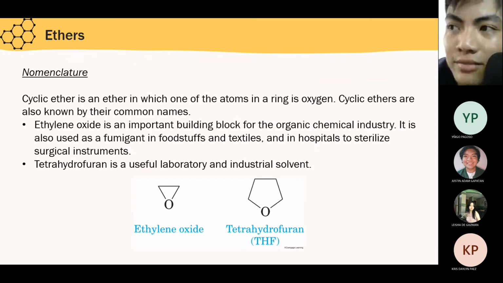Okay, some of the compounds have their common names as well. For example, the ethylene oxide and the tetrahydrofuran. So, saan ginagamit ang ethylene oxide? This is used for sterilization. Yung mga gloves, yun, mga face mask, bago sila ibenta, they are sterilized first, no?